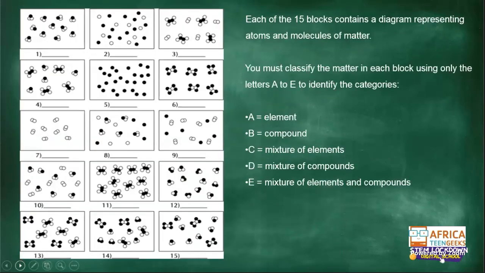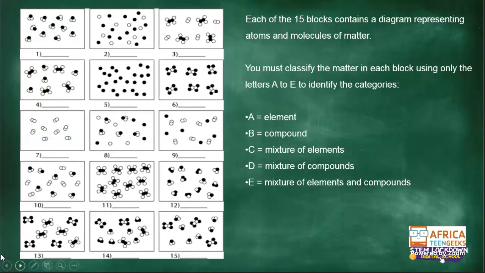So here's the test I wanted to give you yesterday, where I taught you what elements were, what compounds were, what mixtures of elements were, what mixtures of compounds were, and mixtures of elements and compounds together.